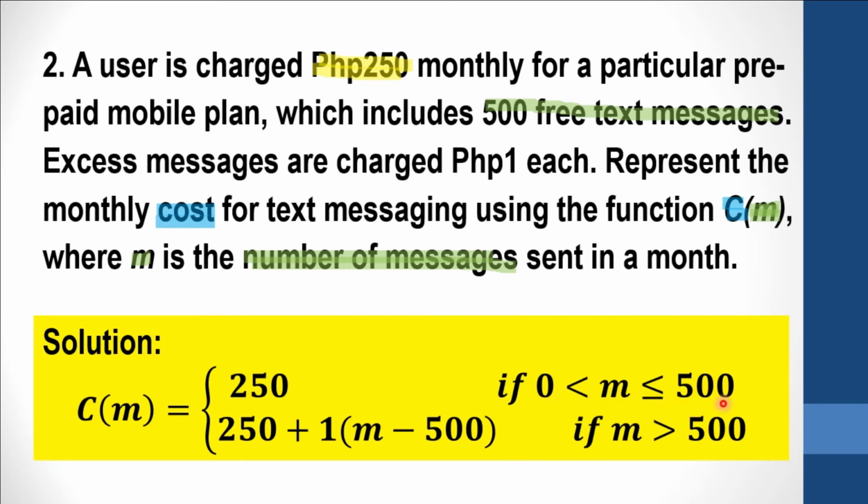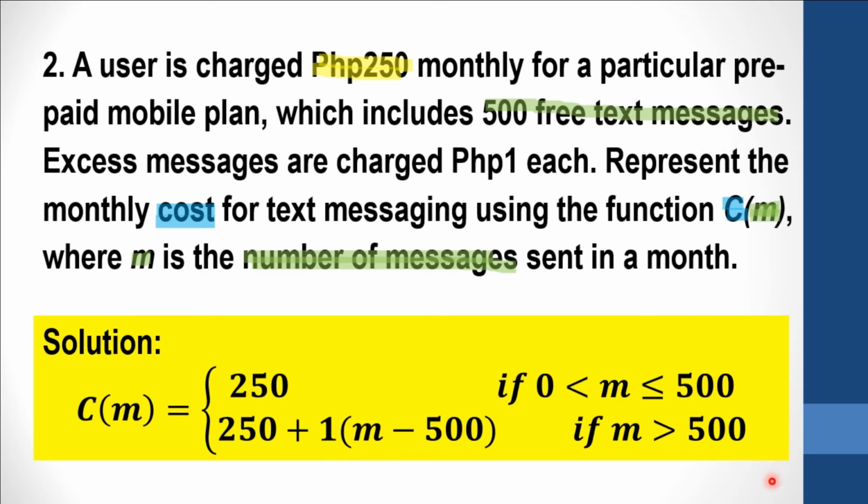So, kapag yung messages mo ay 500 pababa, ang babayaran mo ay 250. Kahit isang message lang yung nasend mo, 250 pa rin yung babayaran mo, kasi prepaid mobile plan nga siya. Tapos, meron 500 free text messages. So, kahit maubos mo man yan o hindi, 250 babayaran mo.